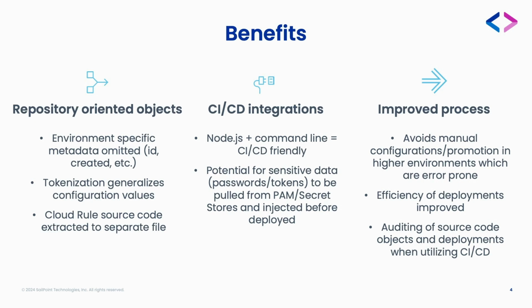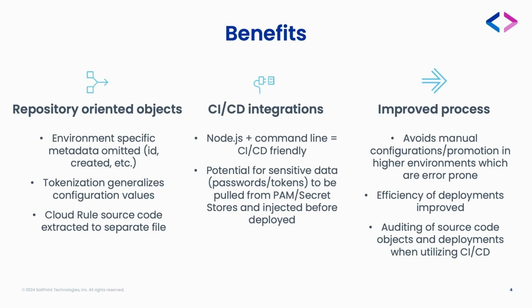Next, we have improved processes, right? So a lot of what I've seen so far with Identity Security Cloud, with the exception of Configuration Hub and maybe some other tools that are out there, a lot of clients struggle with the deployment process from sandbox to production, for example, because they're doing things manually, right? They don't know how to automate this stuff. They don't have the tools to do it.